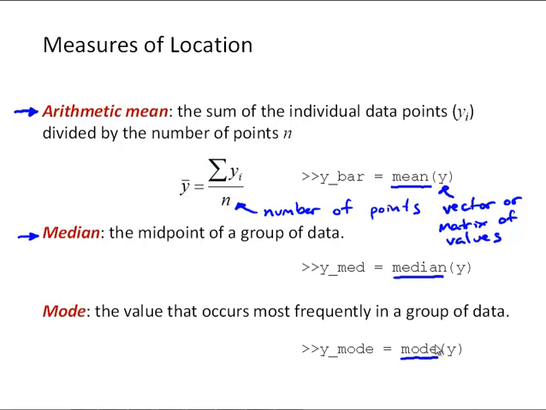And again, there's a mode function in MATLAB. So that's like if there was a set of data that was 4, 5, 4, 4, 3, 2, 4, 1, then the mode would be 4. Just in case you're not familiar with the concept of a mode.